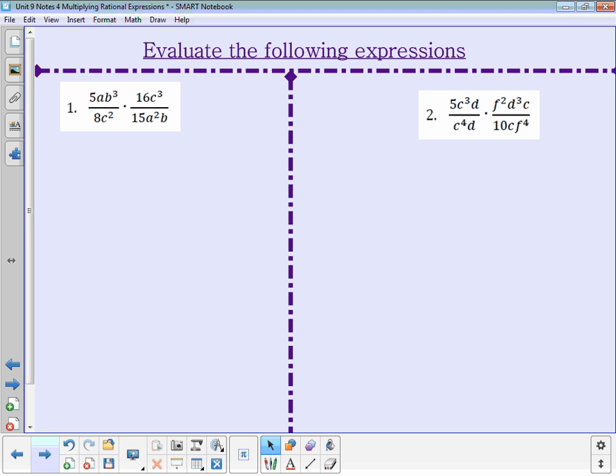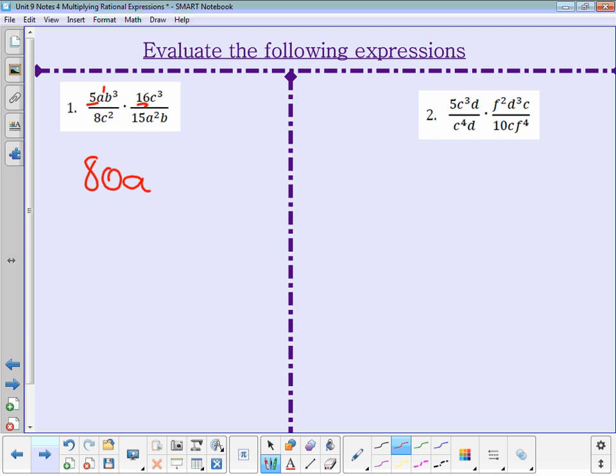First thing we want to do is multiply those numerators together. So the first thing I'm going to do is multiply coefficients. When you're multiplying monomials, you multiply coefficients and add exponents. So I'm going to take 5 times 16, and that's going to give me 80. Now I'm going to continue multiplying across. I see the first monomial has an a, but the second one doesn't, so I'm going to keep that as a.